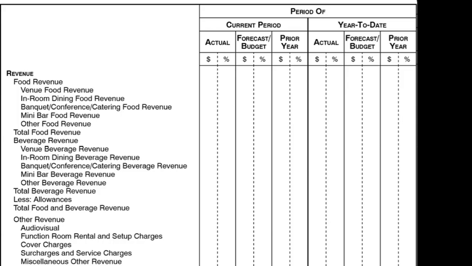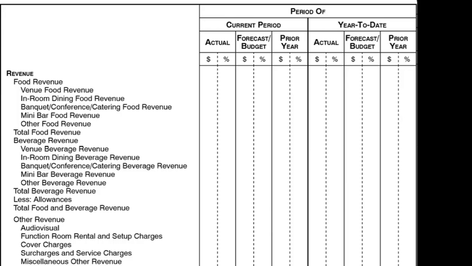After the food and beverage revenue, you will see there are other allowances, less allowances. Same as the rooms department, the allowances means if you have given away anything free or rebated any check, that will go here. Instead of reducing directly from the revenue, we show it as less allowances.